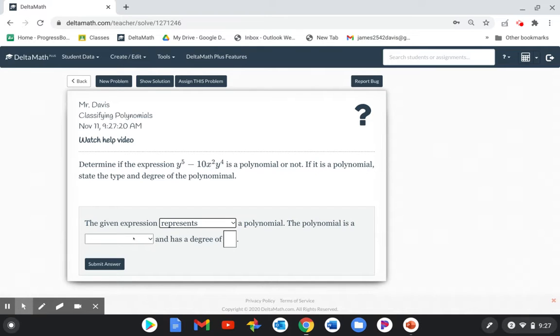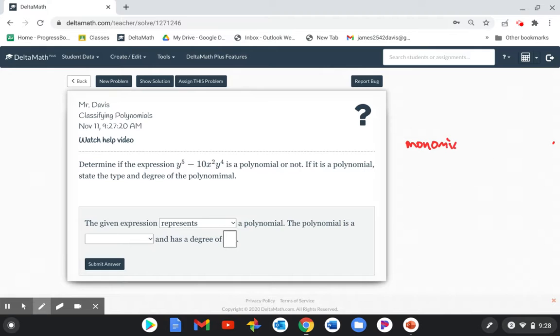All right, now we're going to have to name this polynomial. You've probably seen these terms before: monomial, binomial, trinomial, or none of the above. And I'm sure you can figure this out, but mono means one, right? Monomial, like a monorail or a monocycle. I guess you'd call it a unicycle, but monorail means a single rail.